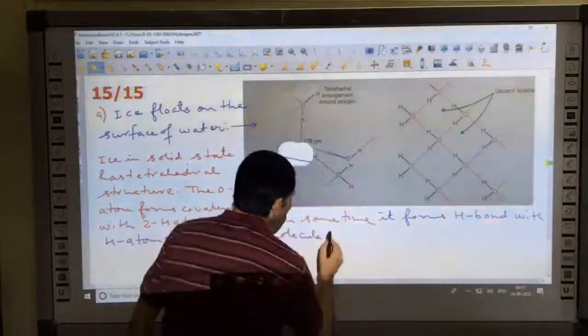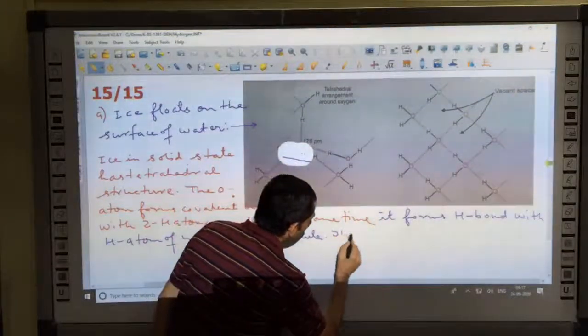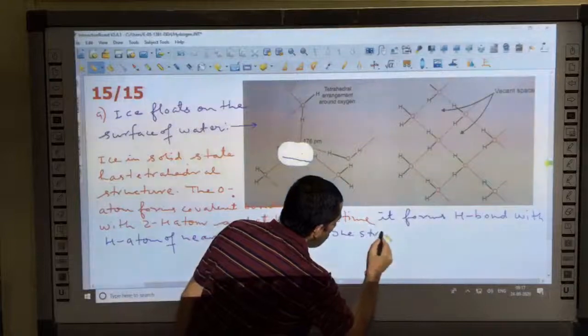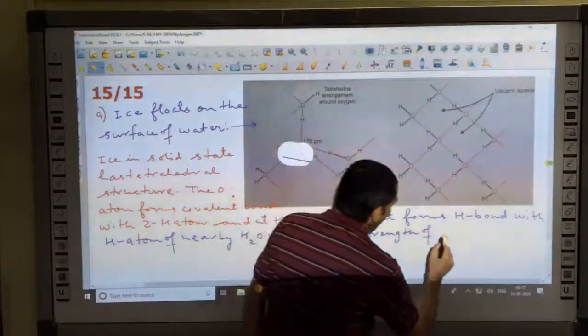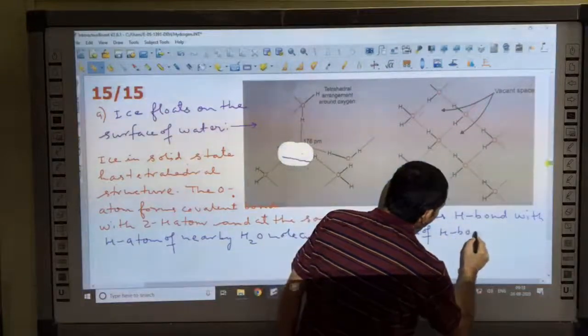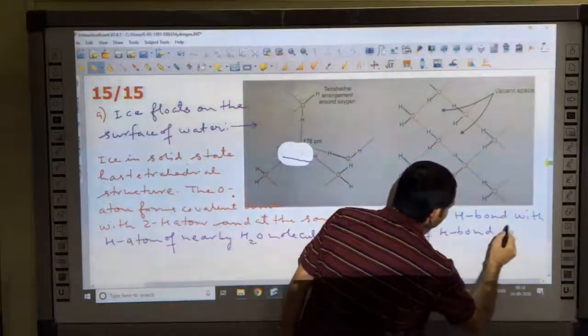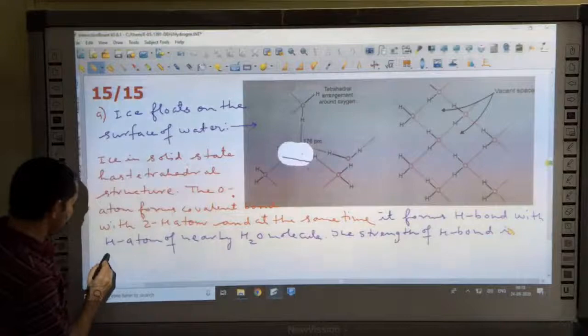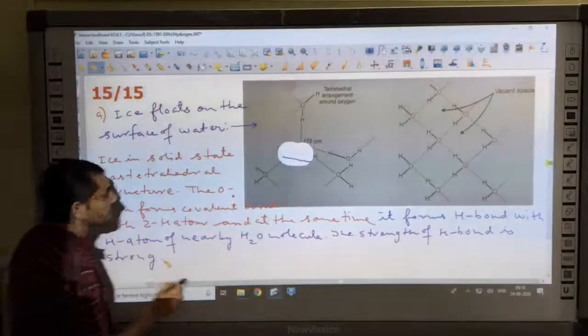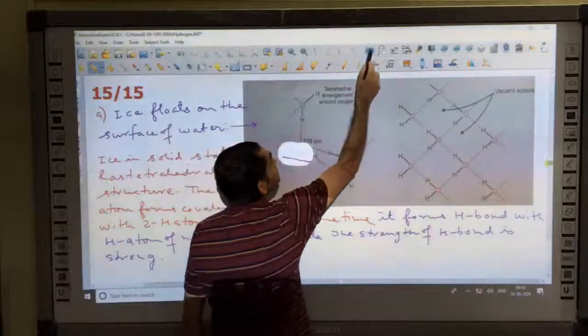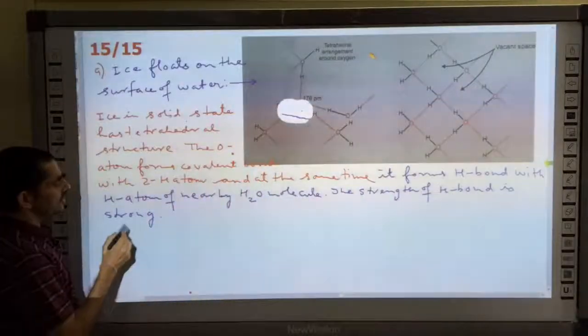The strength of the hydrogen bond is strong.